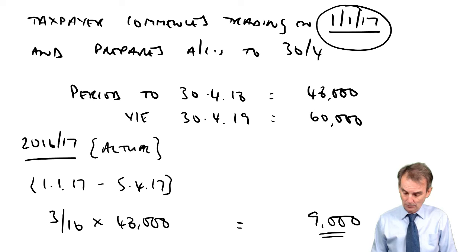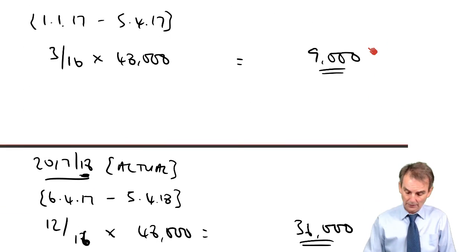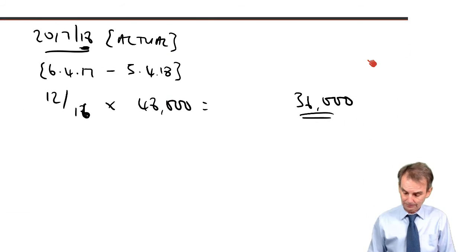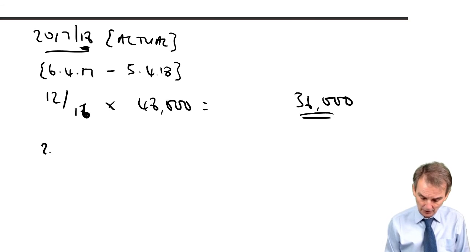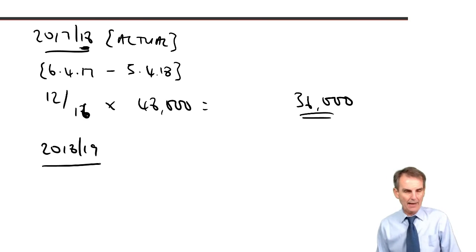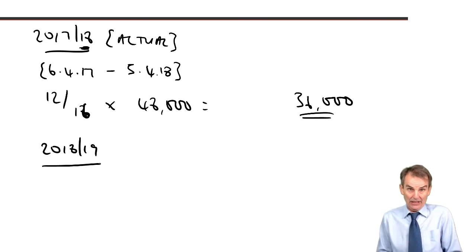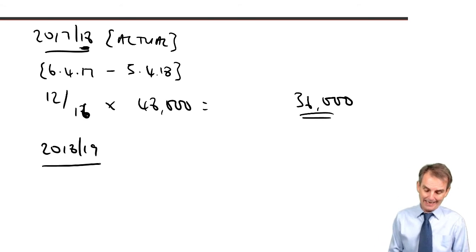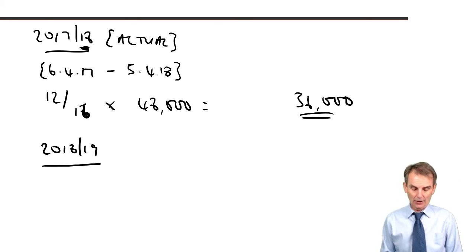Going back, therefore, to what will now be our third tax year, that will be 2018-19. We again ask the question, do we have an accounting period ended? And this time, thankfully, yeah, we do. We do have an accounting period ended in the 18-19 tax year.